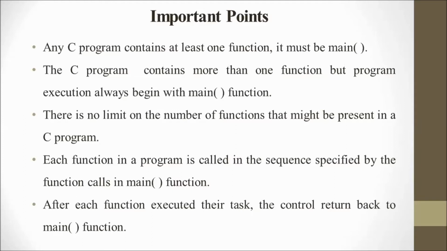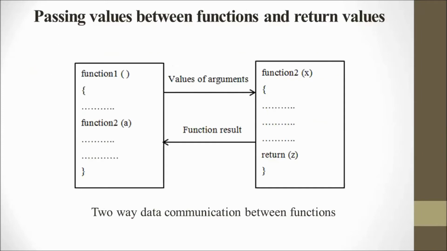If no function remains for execution, the main function will check, and after checking that all functions are executed, the main function will exit the program. So here this diagram shows how to pass a value from one function to another function and how to return the value.